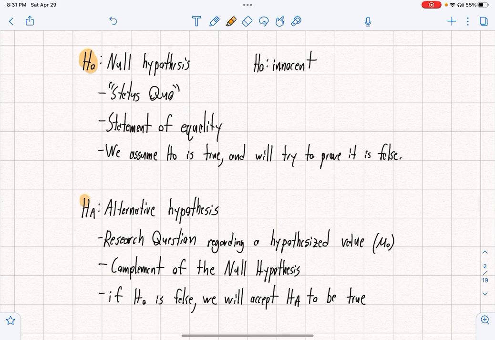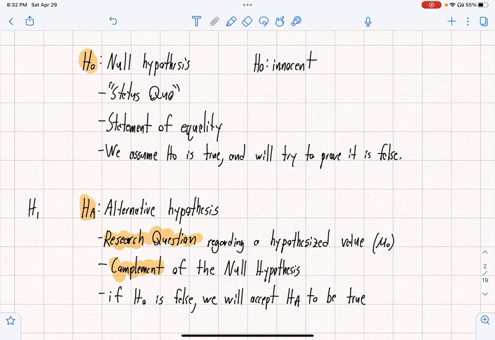So the alternative hypothesis will represent with HA. You might also see it written as H1 instead. So the alternative hypothesis is the actual research question here regarding some hypothesized value. So it's our actual research question. So it's going to be the complement of the null hypothesis.